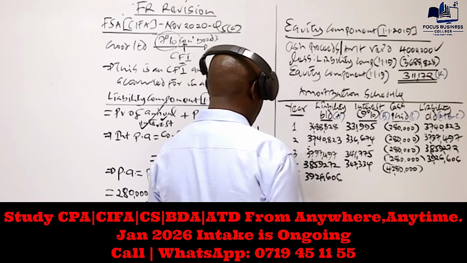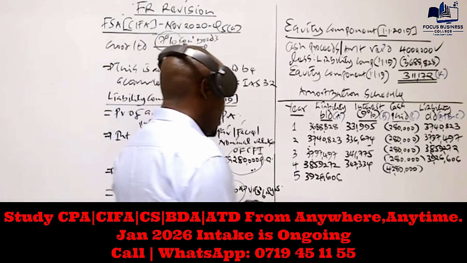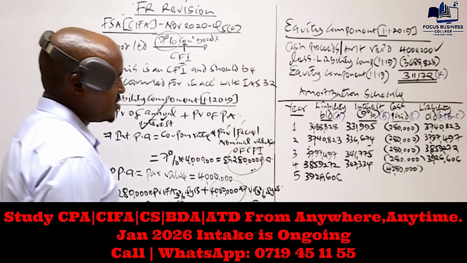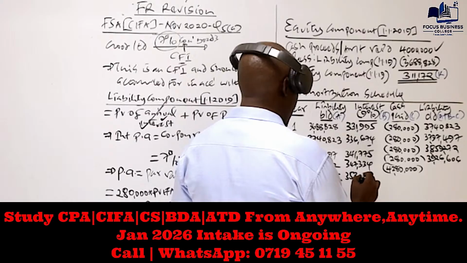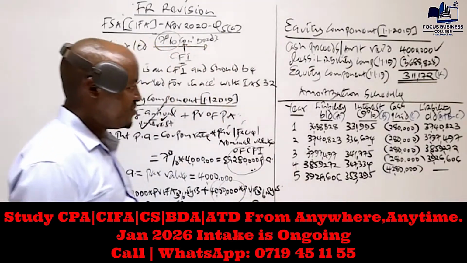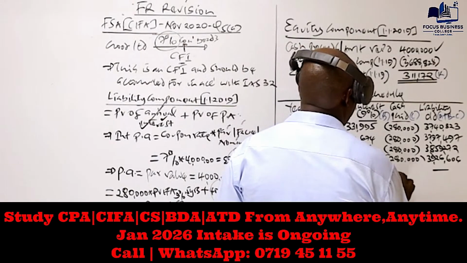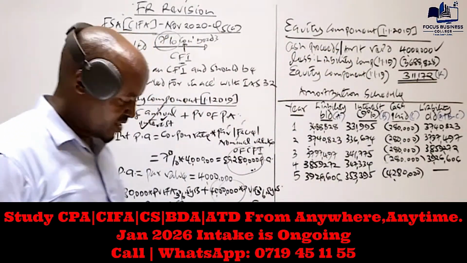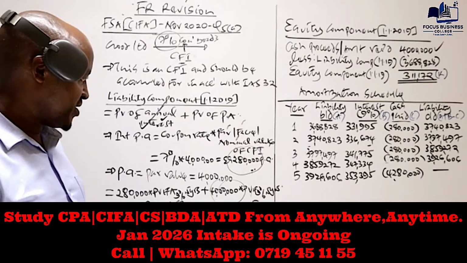Then we get 9% of that, which is 353,395. And this one should be 0. That one should be 0, or basically you get a figure which is insignificant. Are you getting 0, or maybe a figure which is not significant?